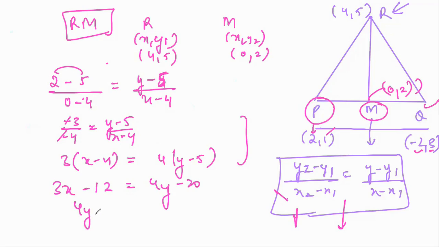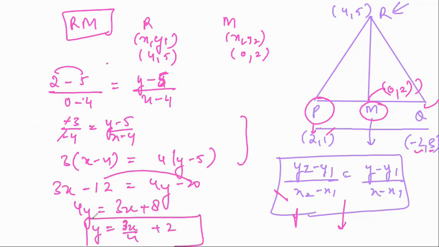So I am writing 4y equals 3x, taking 20 to that side, it becomes plus 8, because minus 12 plus 20 is plus 8. Now I divide both sides by 4, so 8 by 4 is 2. So this is y equals mx plus c, where m is 3 by 4 and c, the y-intercept, is 2. This is one of the forms, and it's your choice how you want to write it.